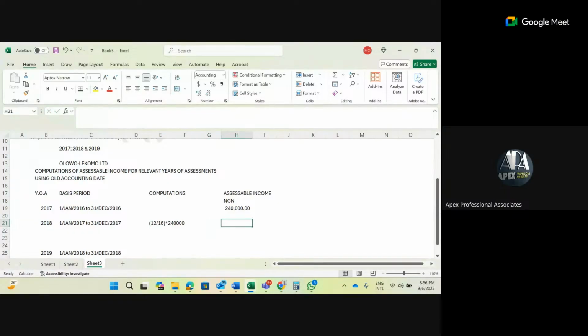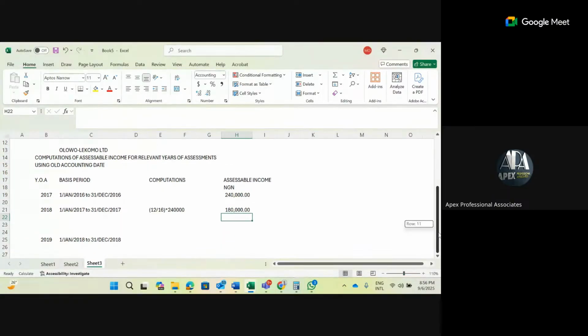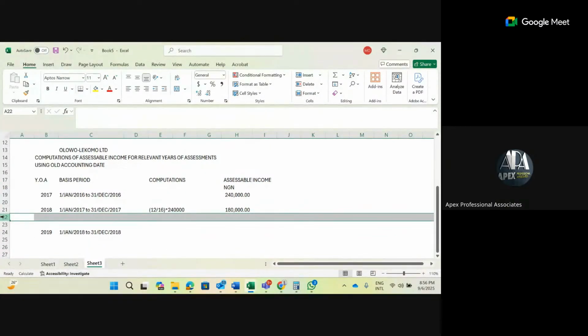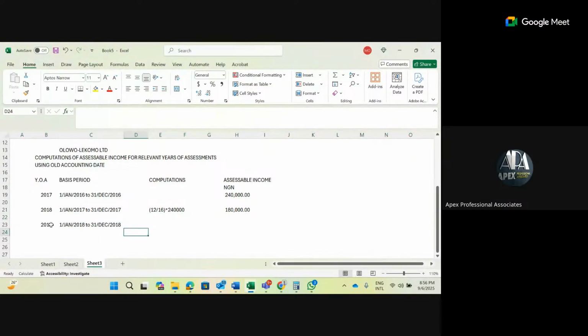What is now the income? 12 divided by 16 times 240,000 naira. What do you have? 180,000 naira. Then the next one, the third one, 1st of January 2018 to 31st of December 2018.